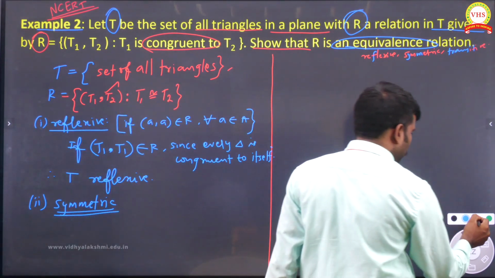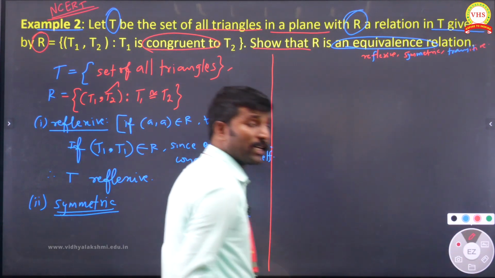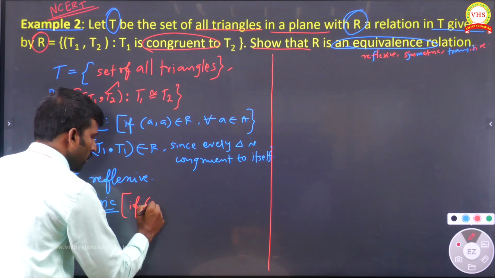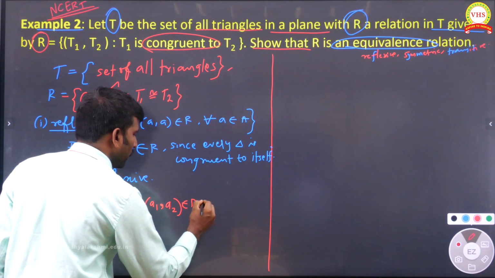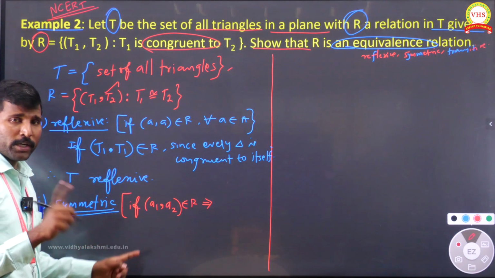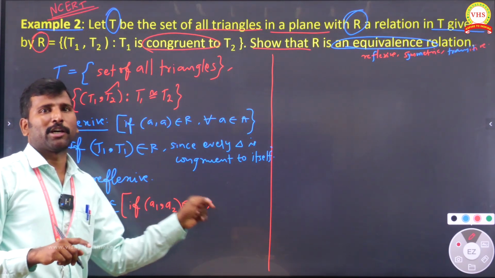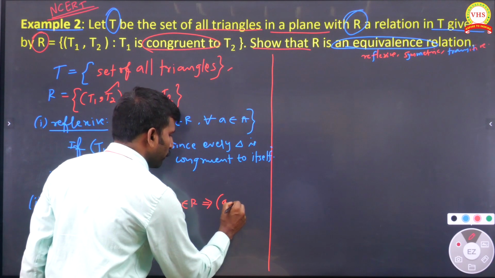Symmetric condition, what you must know, children? Symmetric condition is: if a pair A1, A2 belongs to R, this implies that if you are taking one pair in the relation R, their reverse pair should also be there in R. We have seen that with an example in the previous video.